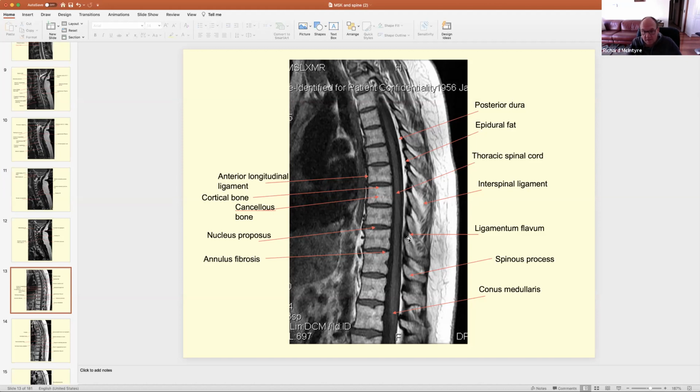So we've got a ligamentum flavum that's dark, and we've got interspinal ligaments. They're dark as well because they're ligaments, but you can see the stripy appearance there. That's because they've got fats around them. It's not as dark as the ligamentum flavum.